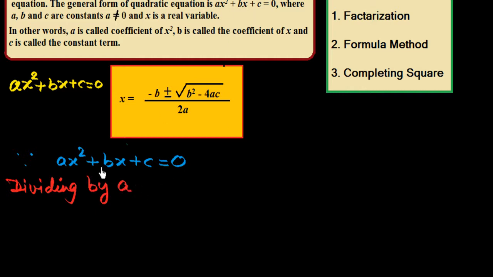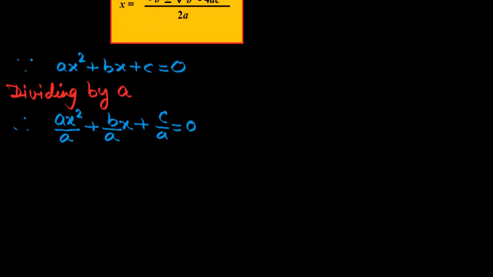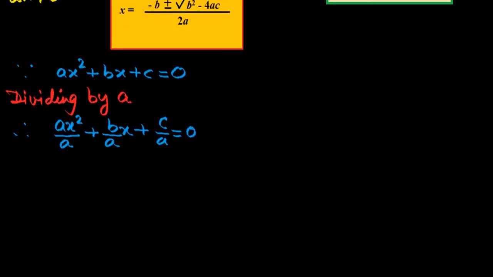So now we divide it by a. Therefore, ax square over a plus b over a x plus c over a is equal to 0. The a in the first term and the a in the denominator eliminate each other.